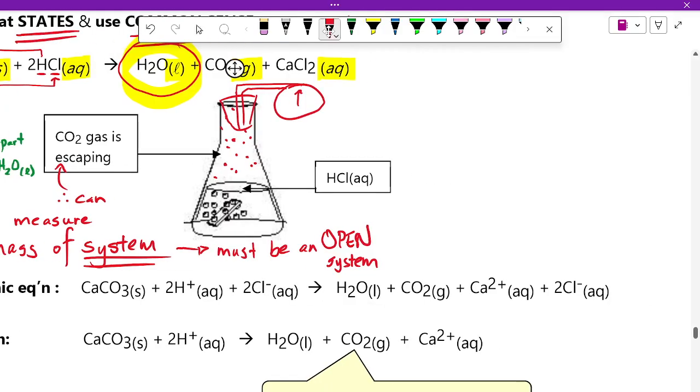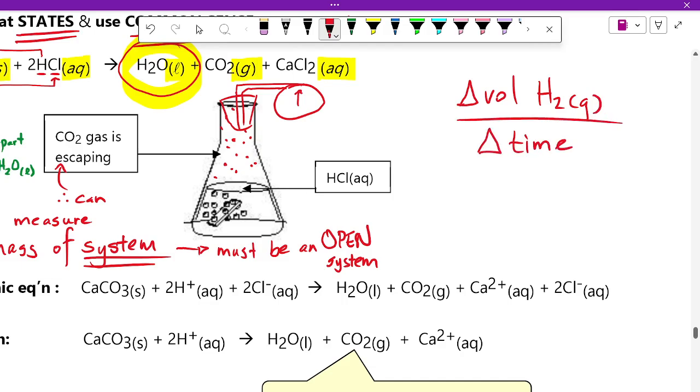You could do a change in volume of H2 gas over a change in time. Would that be increasing or decreasing as time goes on? The volume of gas.